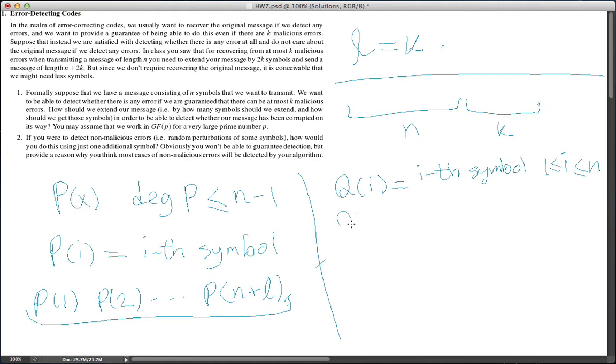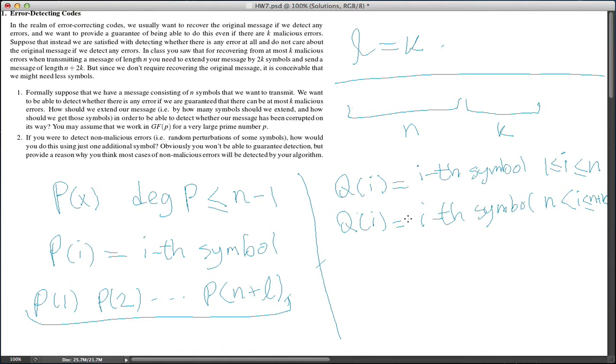Okay, so we are going to check whether q of i is equal to the ith symbol for n less than i less than or equal to n plus k. Okay, if this happens to be true, then we say that no error has occurred, and if it's not true, then we say that an error has occurred.